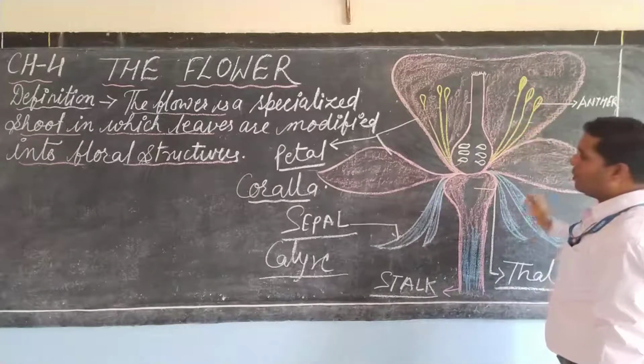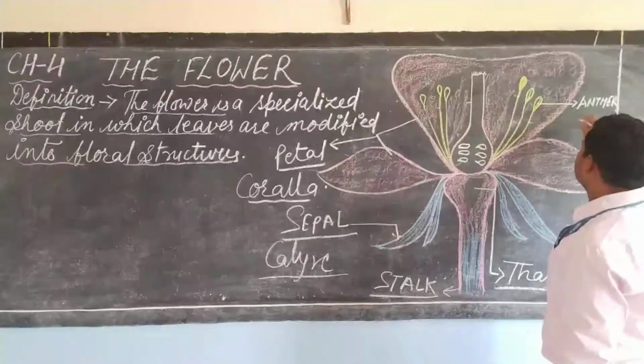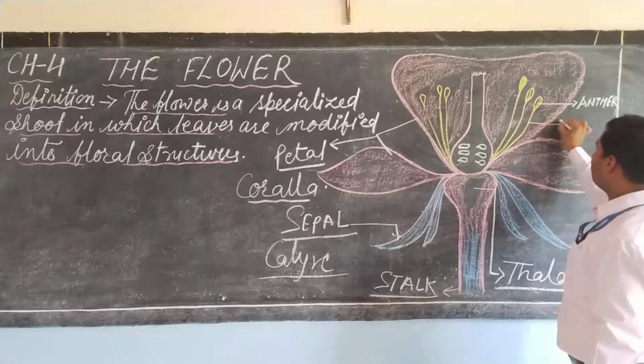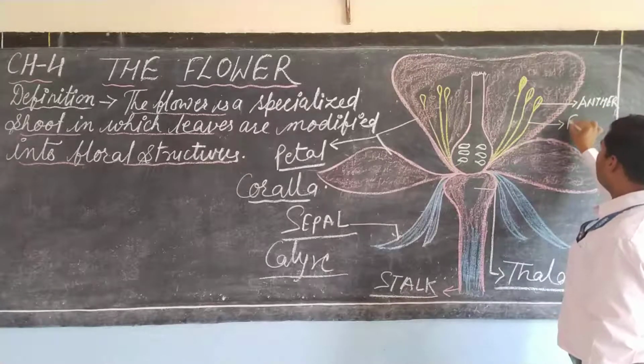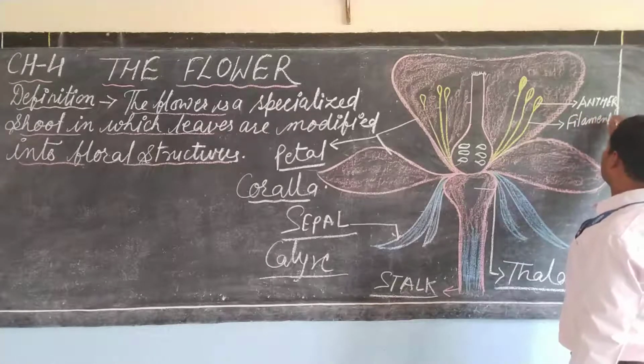This tip part of the male part is known as anther, whereas this string part is known as a filament, dear student.